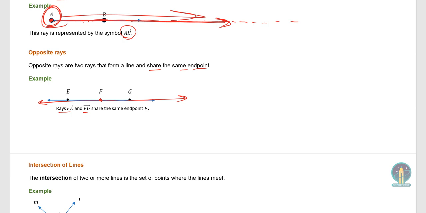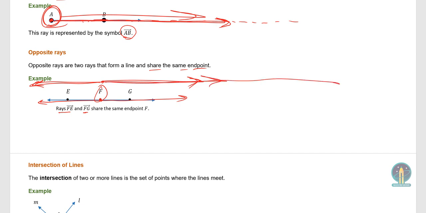They share the same endpoint F, but one goes this way and the other goes this way, so now I have a long line that has no endpoints, because they share the same endpoint, so they're becoming a single entity. This side extends all the way to infinity, and this side also extends all the way to negative infinity, the other side.